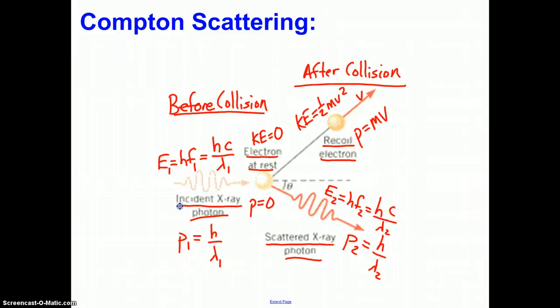So, pretty interesting theory here. And then, of course, he runs the experiment and puts it to the test, and let's see what we ended up with for a conclusion. We start off with conserving momentum, which would be p before equals p after. Let's put it all together from the diagram.